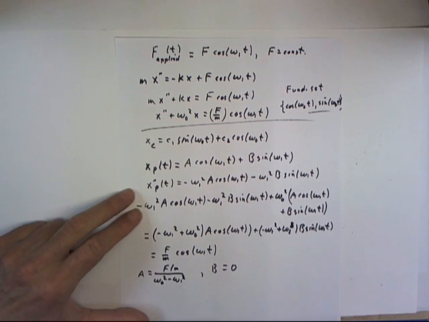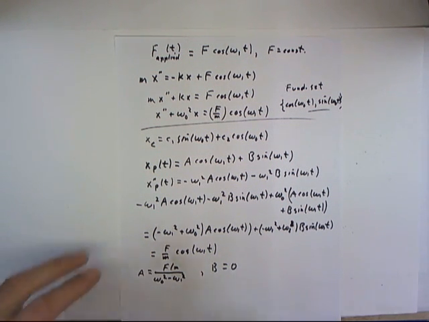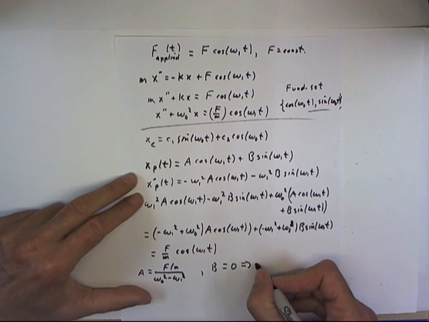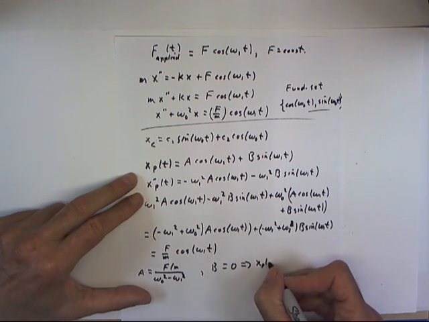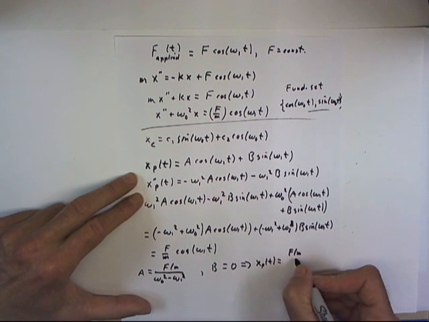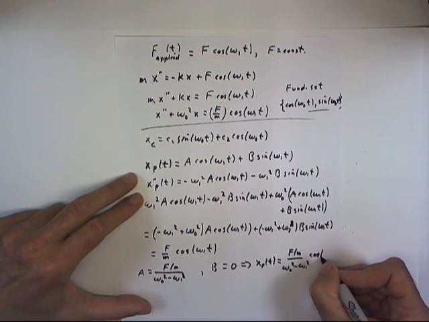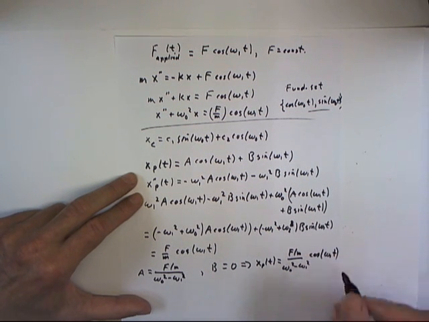And b equals 0 because we have no sine term on the right hand side. This implies that x p of t should equal F over m divided by omega naught squared minus omega 1 squared times the cosine of omega 1 t.